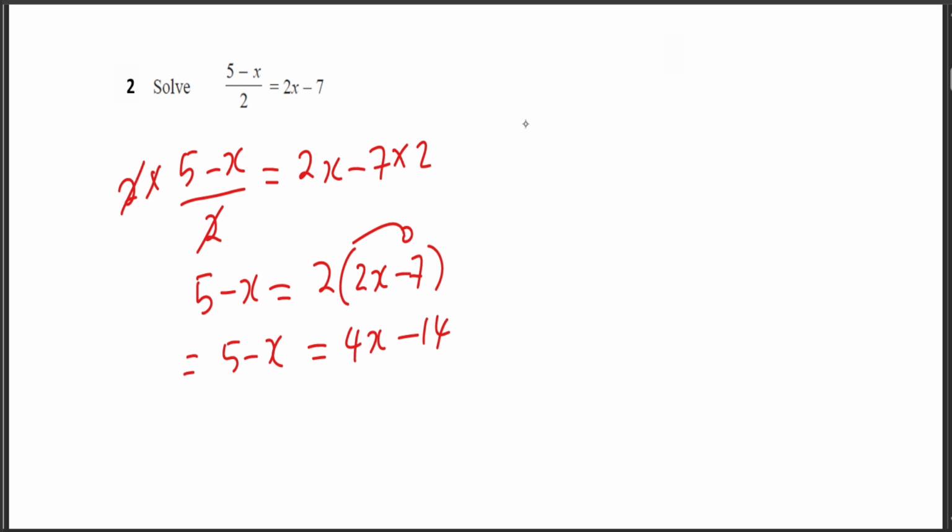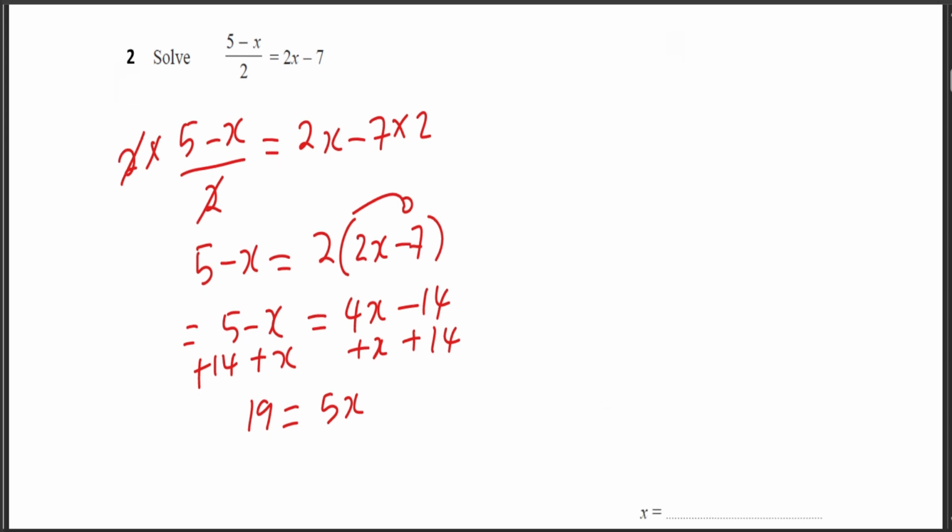Now collect the like terms. Let's put the negative x on the other side as plus x, and move the -14 to the left side of the equation by adding 14. At the end of the day, you get 5 plus 14, which is 19, equal to 4x plus x, which is 5x.